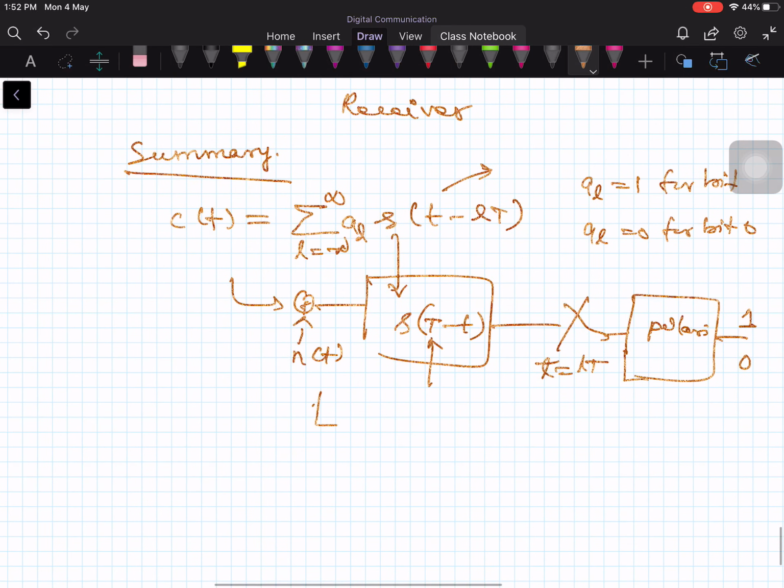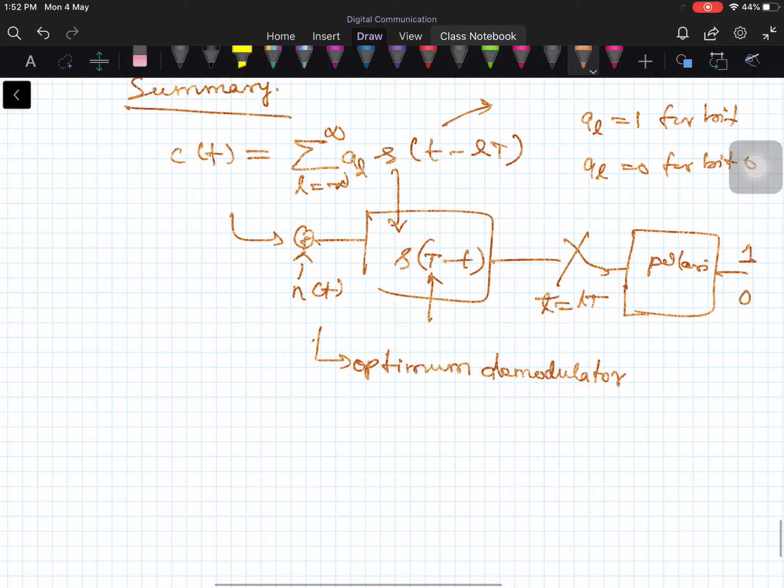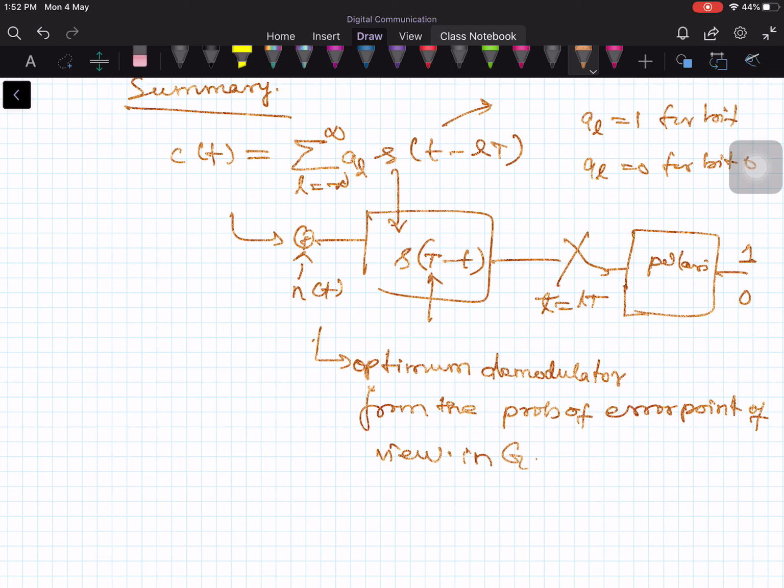So this is the optimum demodulator from the probability of error point of view in Gaussian noise. So this is an assumption. In Gaussian noise only we can say this demodulator is optimum.